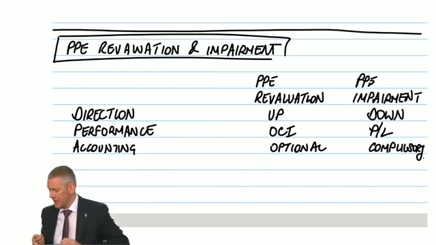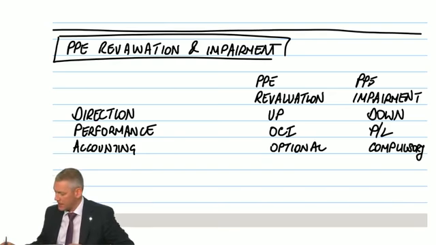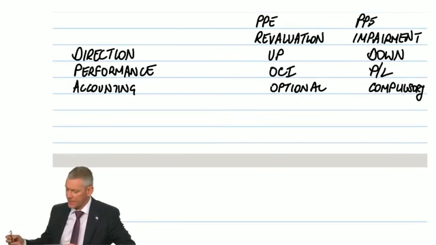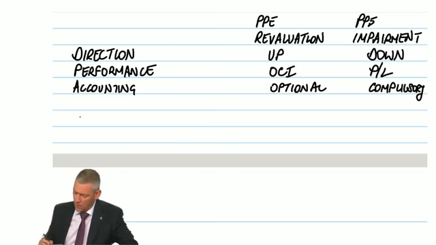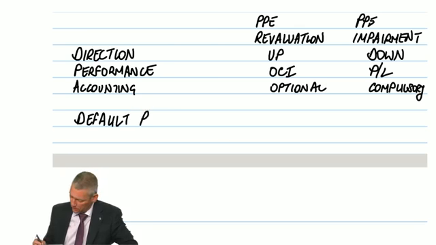Which brings us to this rather tricky idea. One of the most important ideas is very simply written, but it's a little hard to read, which is the concept of the default policy.